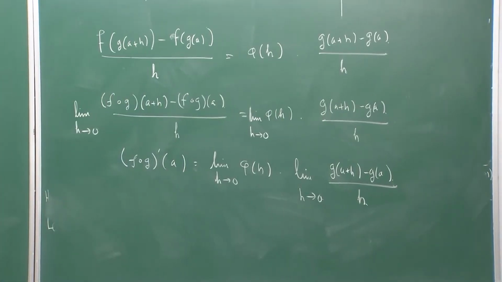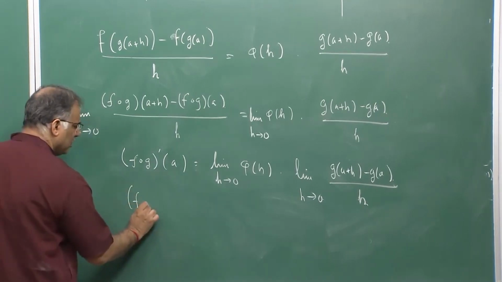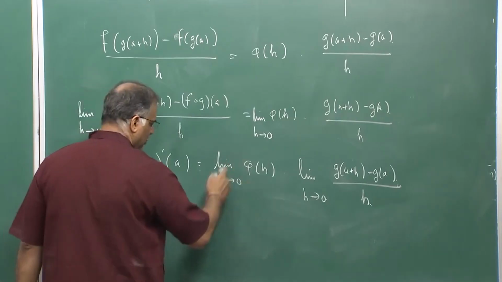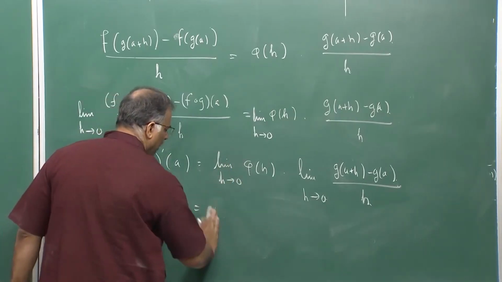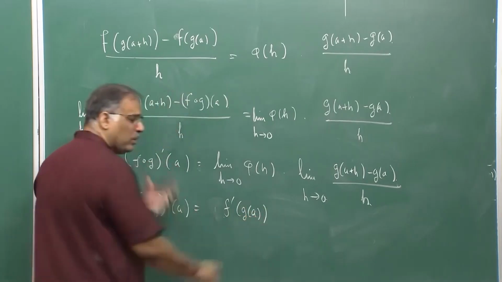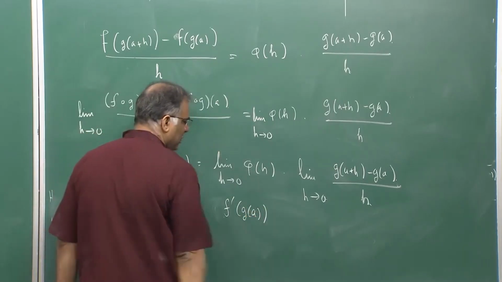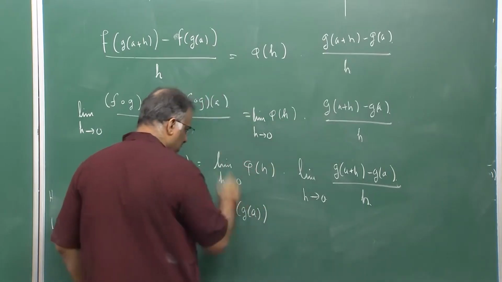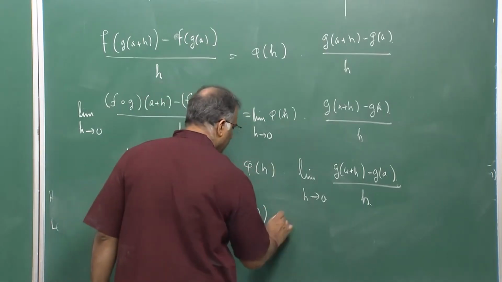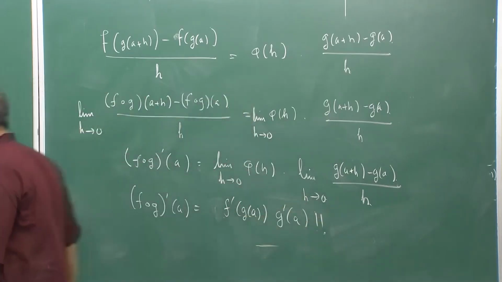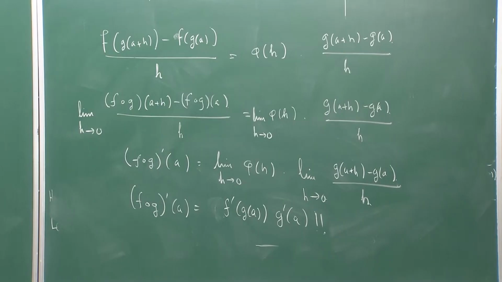You have already proved that the limit of phi(h) is f dash of g(a), and this is the beauty of mathematics: everything can be proved in a very rigorous fashion. Because of the power of epsilon-delta reasoning, this is f dash of g(a) times g dash of a, and voila, we have proved this.